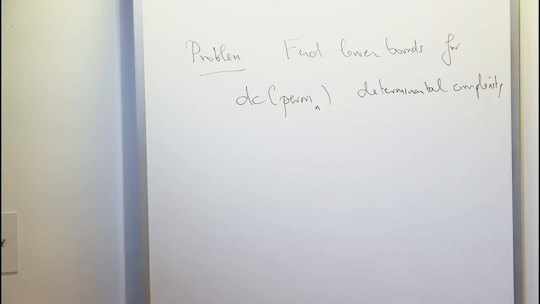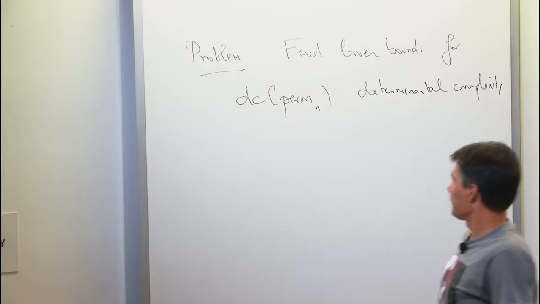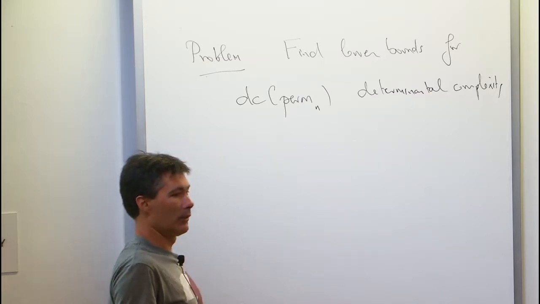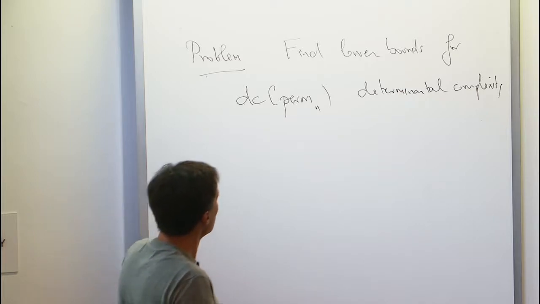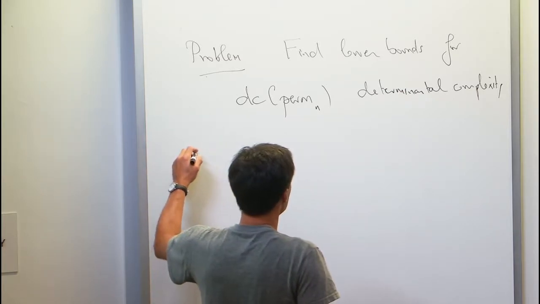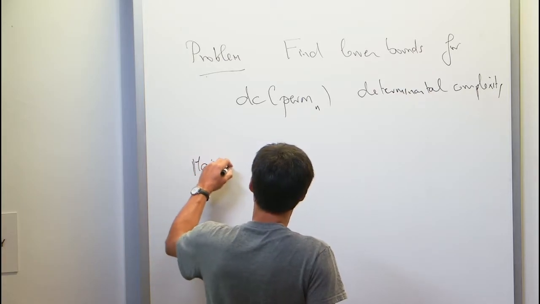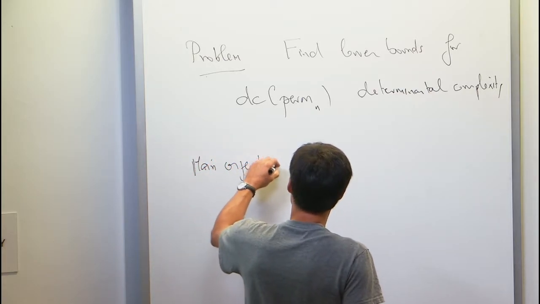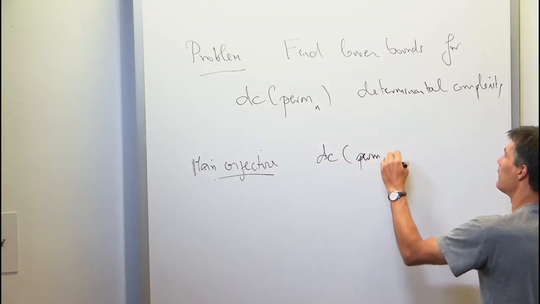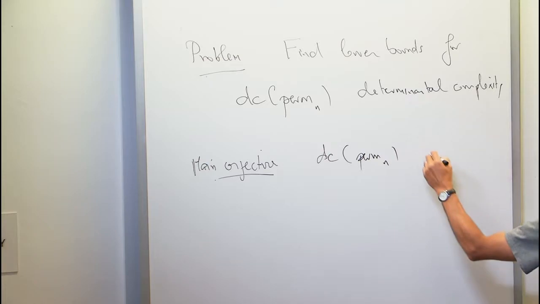Okay, so you remember it was the minimum size of a determinant of a matrix whose entries are affine expressions in the entries of the matrix, whose determinant gives you back the permanent. Okay, but the main conjecture being that this is not bounded by any polynomial.